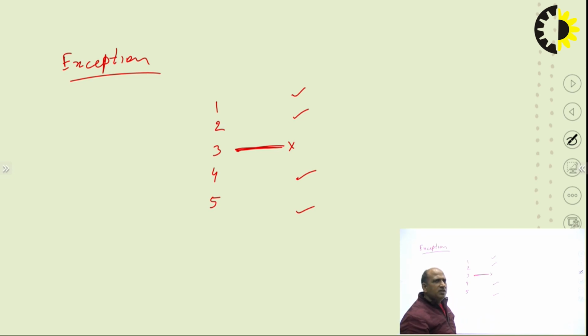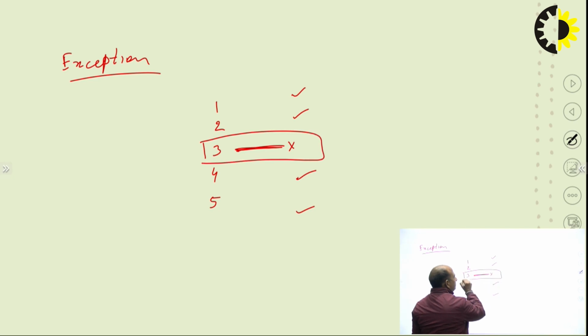In that situation, the compiler will start from line 1, move to line 2, and whenever it reaches line 3, it will create an object of that type of exception that has been created here by the Java compiler.